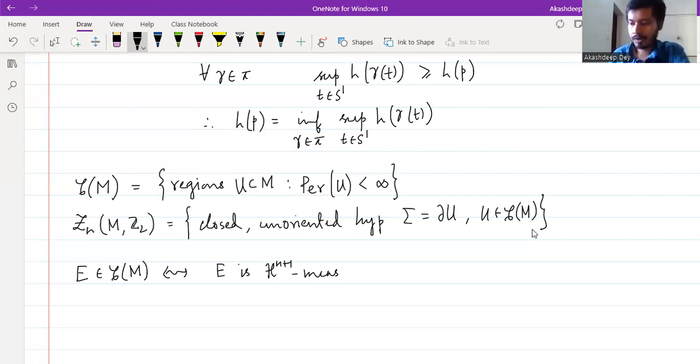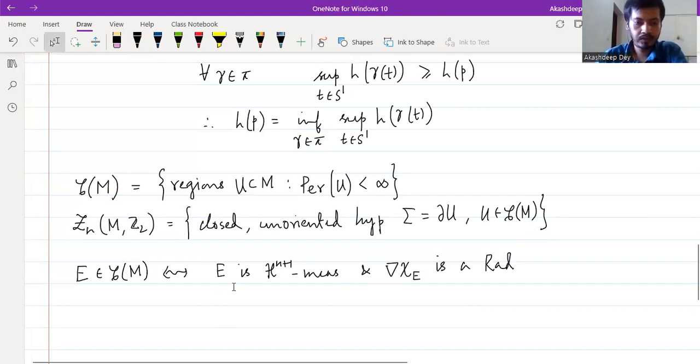So E is measurable, and the distributional derivative grad chi_E, where chi_E is the characteristic function of E, is a Radon measure. So this is the definition for a Caccioppoli set. This is what we mean when we say that E is in Cm.